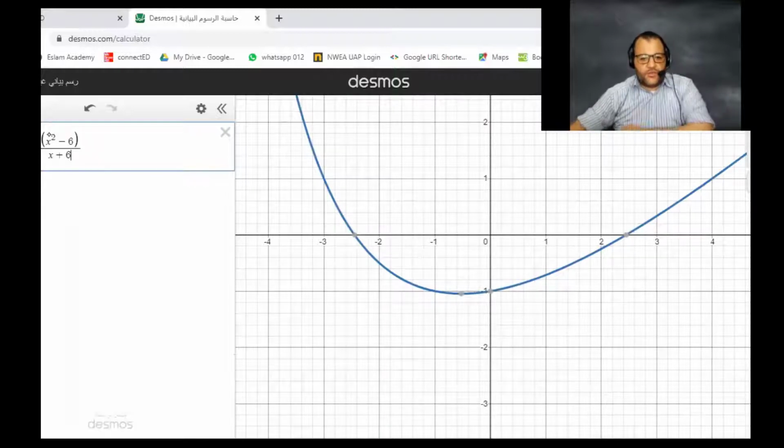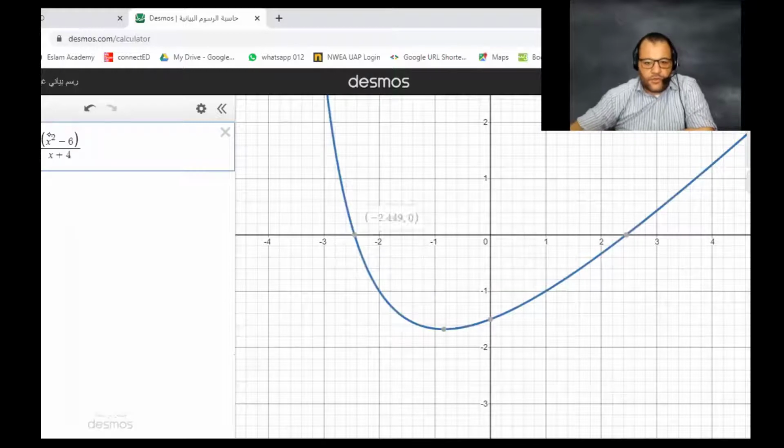So you'll find that we have two solutions. Here we have one zero between -2 and -3, and the other between 2 and 3. Any problem for the graph?